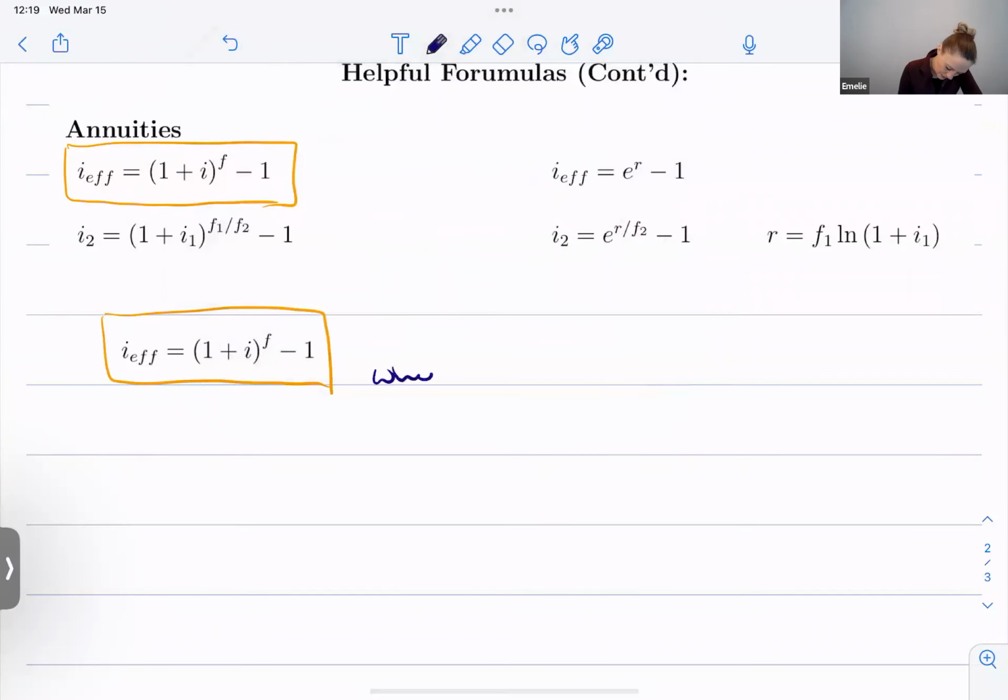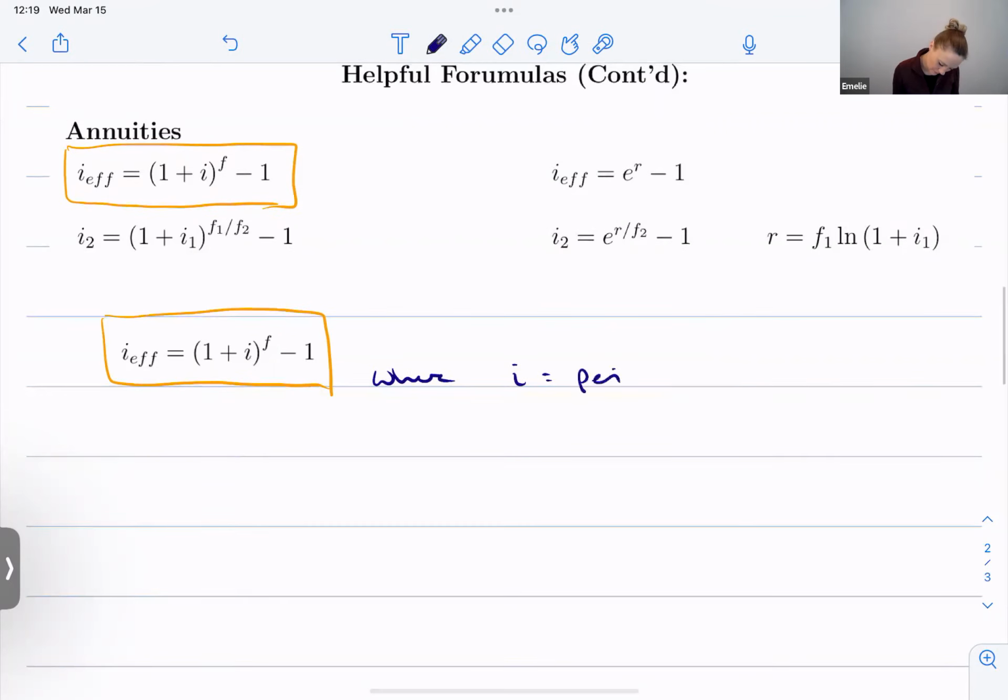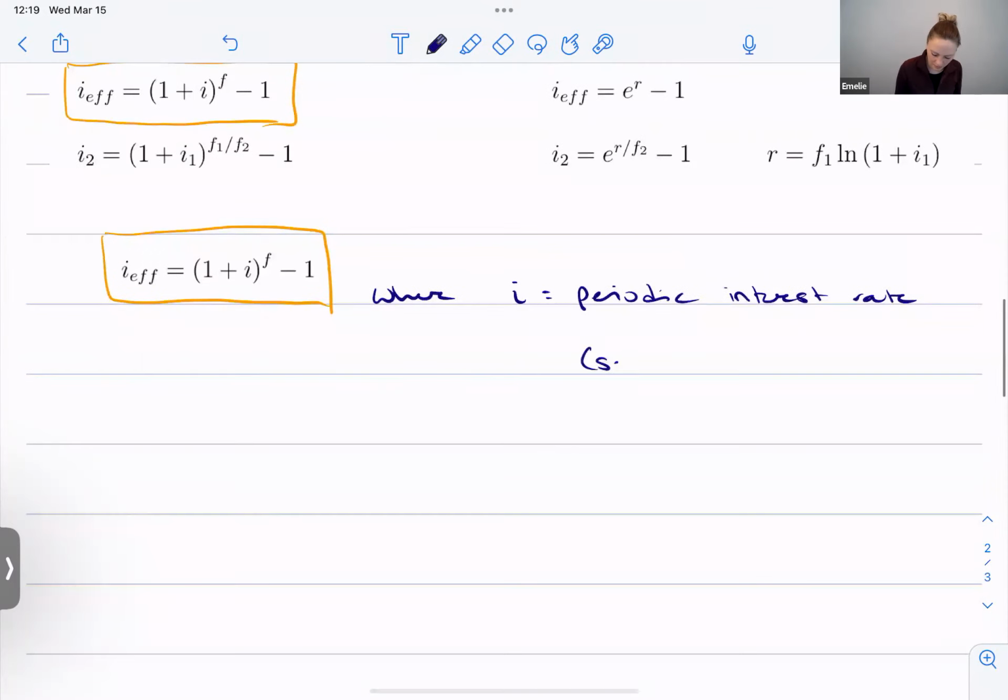So this one is where I is the periodic interest rate. This is the same as before, same as always, right? I equals R over F, so you know that one, you're comfortable with that one. That's this I here.